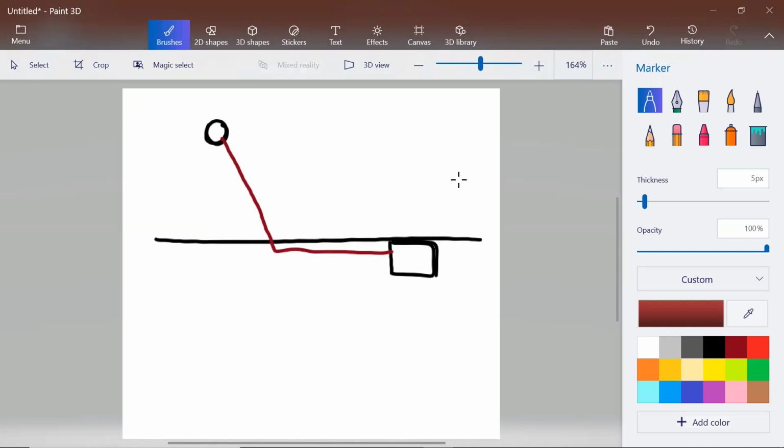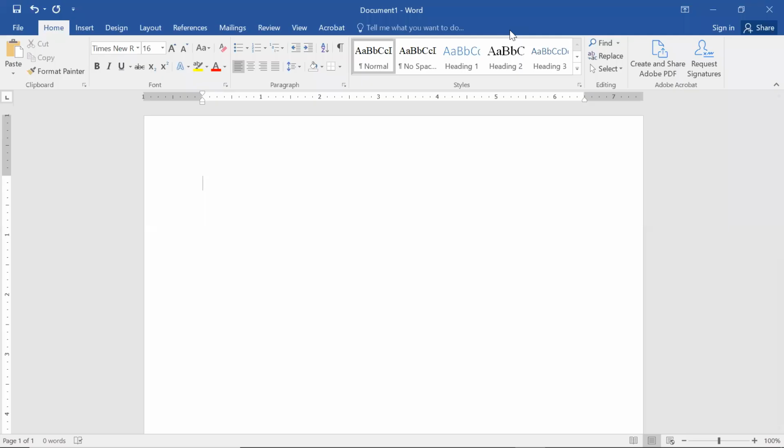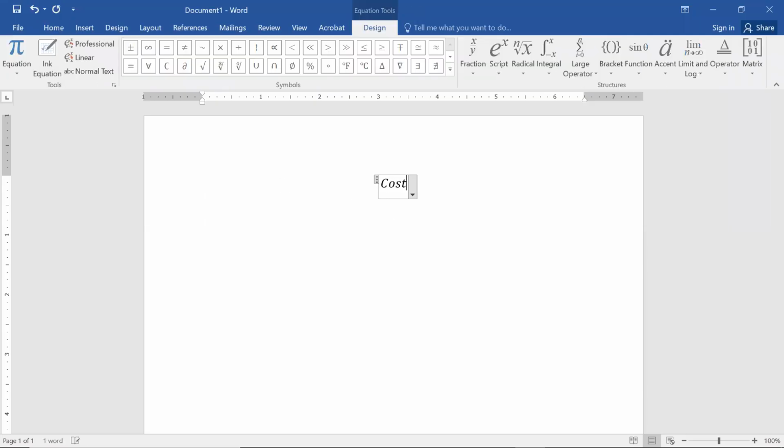Let's set that equation up. The cost of the cable is going to be the cost of the cable on land plus the cost of the cable on water.